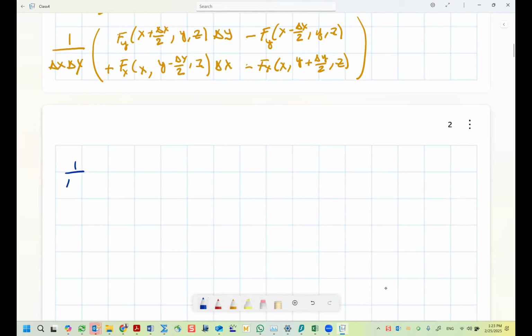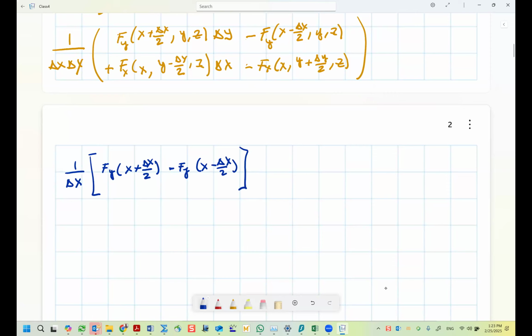We're going to go 1 by delta x, and it's going to be fy from x plus delta x by 2. This is the small thing here. Let me actually change this when I put it in a square. Minus fy of x minus delta x by 2.